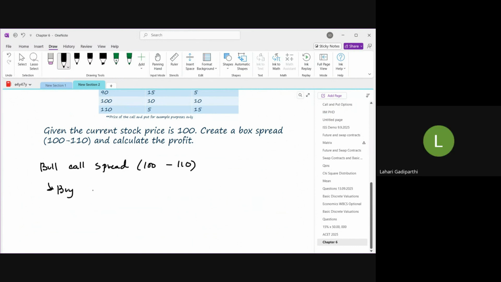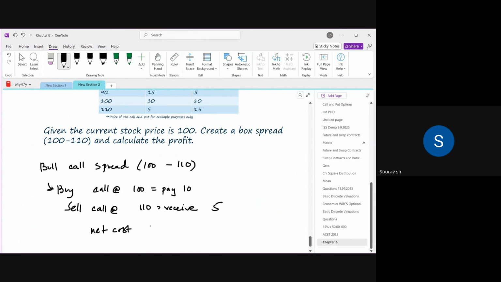Buy a call at 100, so you pay 10. You sell a call at 110, so you receive 5. Net cost is 10 minus 5, that is 5.